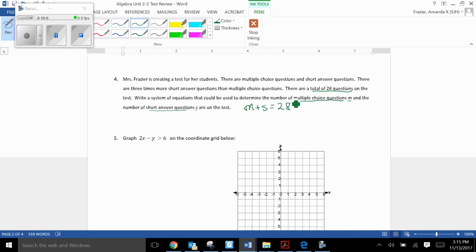I also know that there are 3 times more short answer questions than multiple choice questions. So in other words, to find out how many multiple choice questions I have, I'm just going to take my short answer questions and multiply by 3. 3 times my short answers would give me my multiple choice. So that is my system.